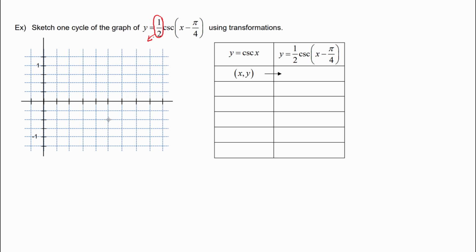And since this number is less than 1, it's going to give you vertical compression. Now we also have x minus pi over 4, and that would be horizontal shift. Is it to the right or left? To the right, pi over 4 unit.